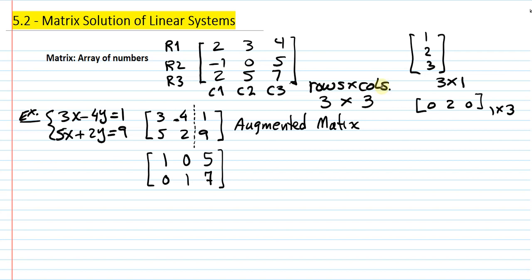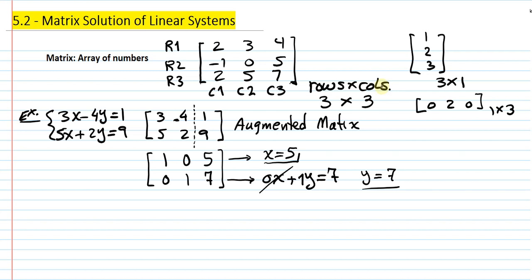If I write an equation corresponding to the second row of this matrix, it will read as 0x plus 1y equals 7, correct? Of course, 0 times anything is 0, 1y is y, so y is 7. And there is a solution for y. Same thing for the first row, 1x is equal to 5, so x is 5. Because of 0y, we don't write it.